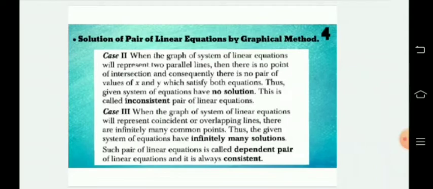Thus the given system of equations has infinitely many solutions. means त्यो सिस्टम को चाहिँ सल्युसन चाहिँ बेसी हुन्छ, means x र y को भ्यालु चाहिँ डिफरेन्स हुन्छ, मतलब बेसी हुन्छ. Such a pair of linear equations is called a dependent pair of linear equations and it's always consistent. means the dependent pair of linear equations हो अनि त्यसलाई नै consistent भन्छ, यसलाई पनि consistent भन्छ.